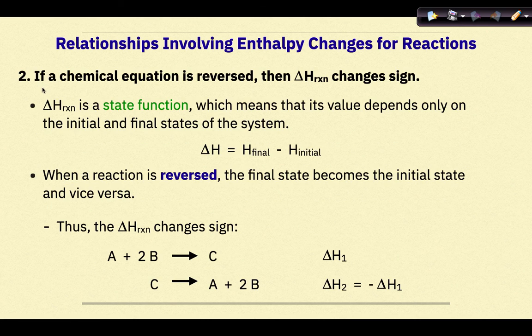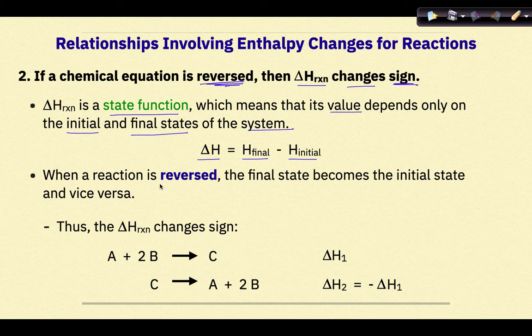Number 2, if a chemical equation is reversed, then the delta H of reaction changes sign. The delta H reaction is a state function, which means that its value depends only on the initial and final states of the system. So delta H is equal to H final minus H initial.